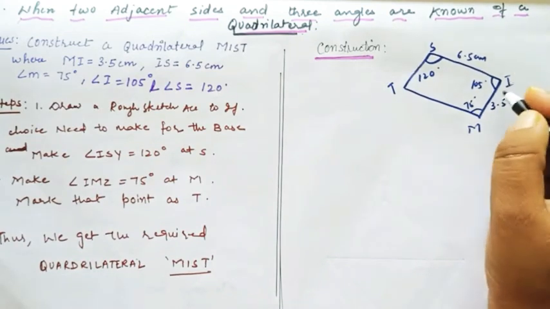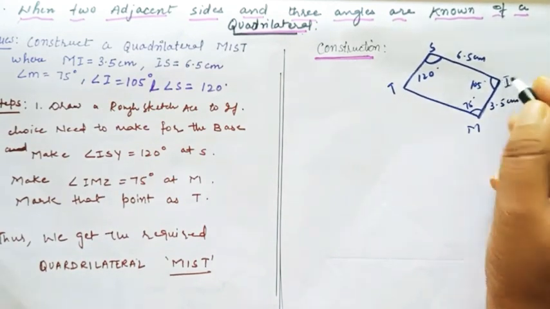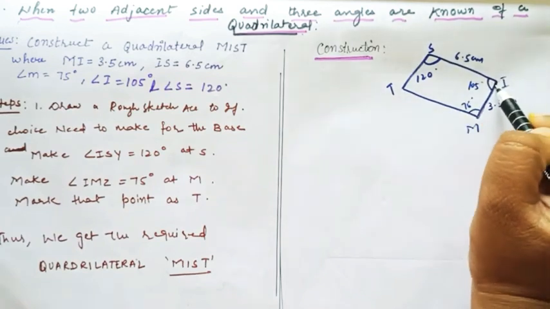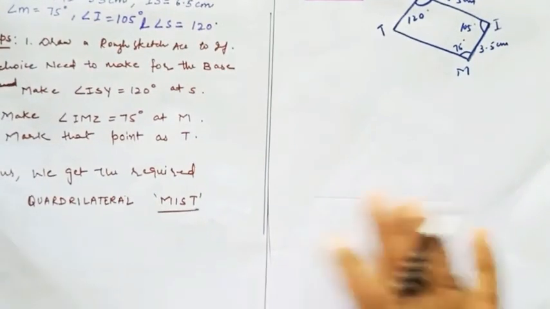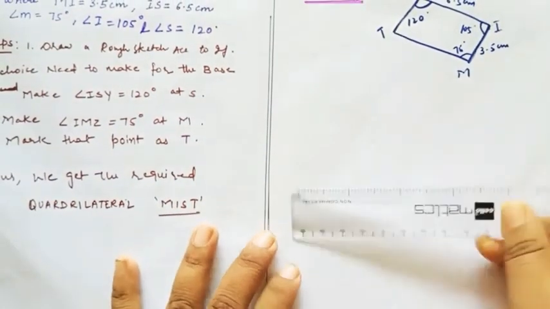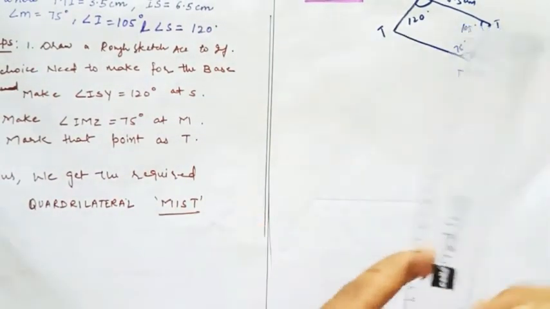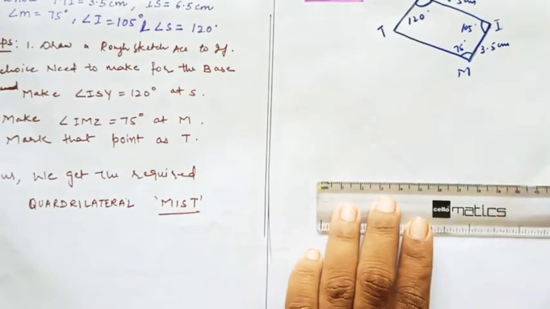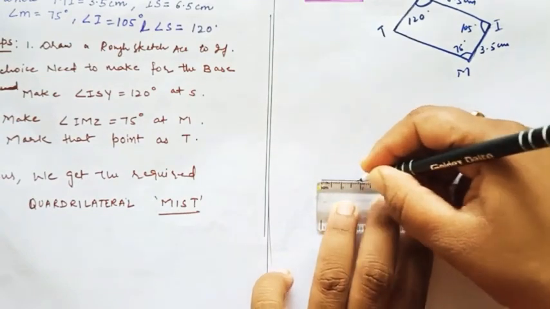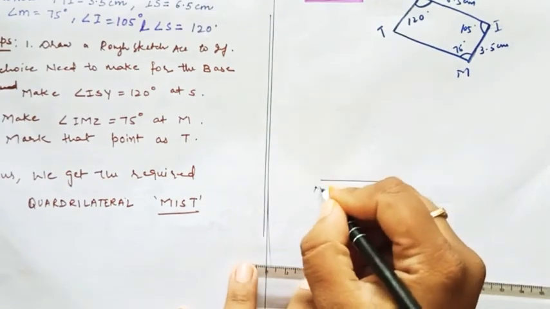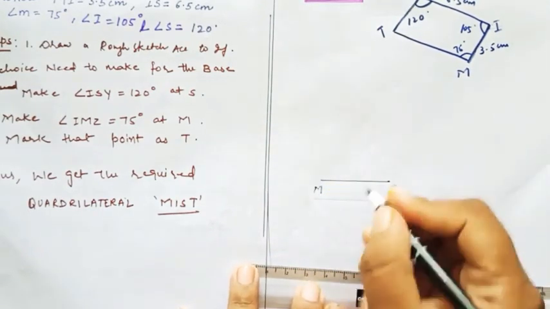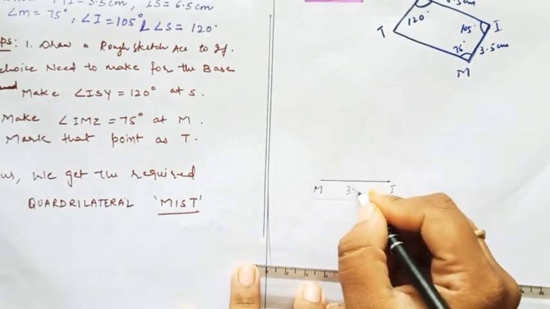You can choose base MI or IS, it is your choice. At my level I have chosen MI. Now I will draw the base, that is MI, of 3.5 centimeters. I'll mark MI and write 3.5 centimeters.